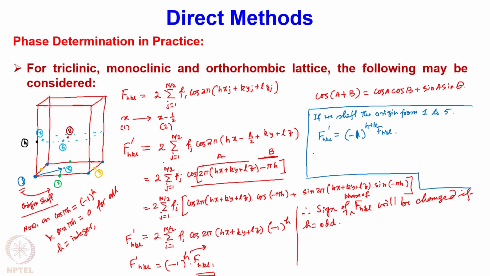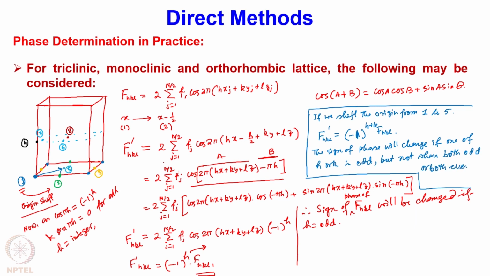So in that case, the sign of phase will change if one of h or k is odd, but not when both are odd or both even.